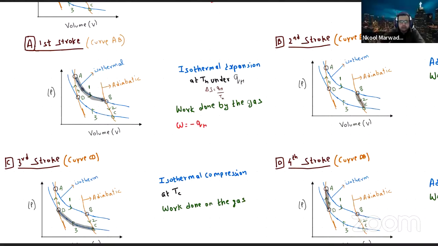And I know in an isothermal expansion, the work done formula we have derived earlier. It is RT log VB by VA, or RTH, to be more precise.